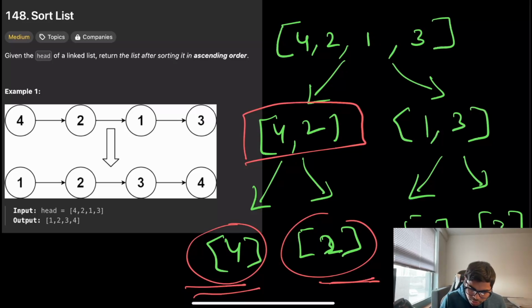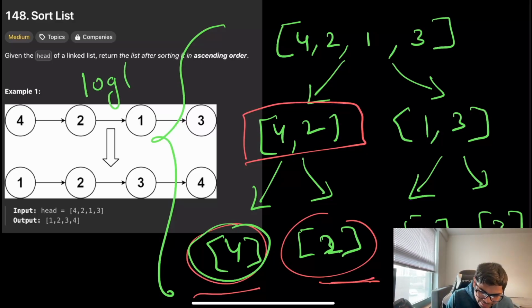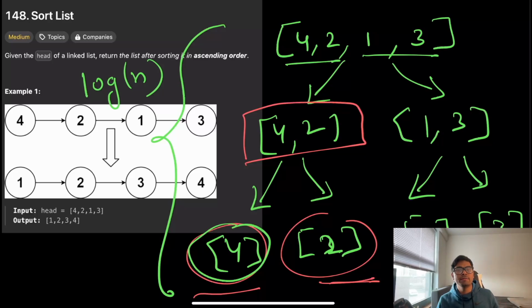Breaking this entire thing down until you reach one node with one value takes log n time complexity. You're basically dividing it into two halves at every level, just like a binary tree.